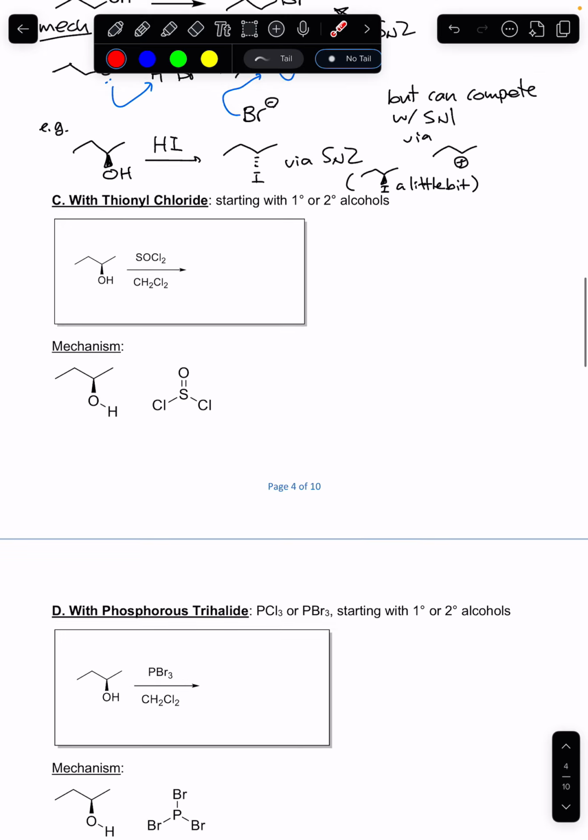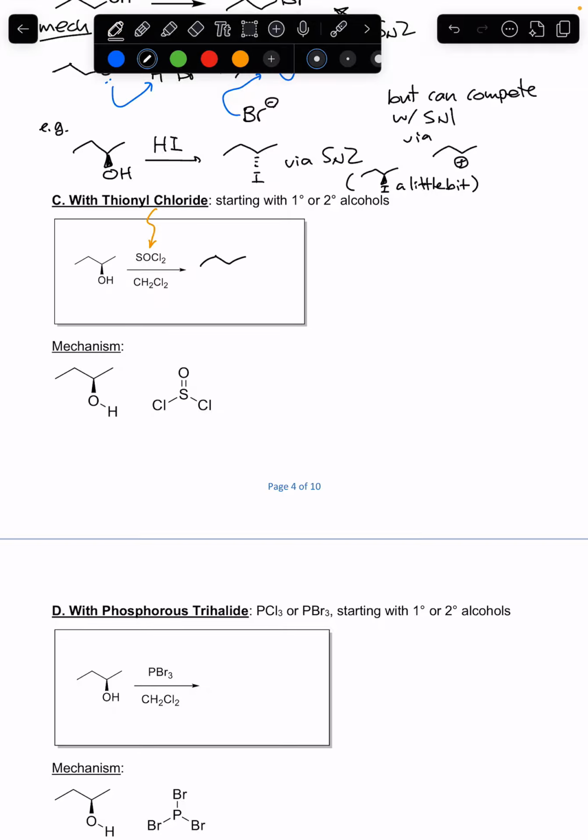Another method is to turn alcohol into a chloride using thionyl chloride, which is this reagent. It's called thionyl chloride, SOCl2.